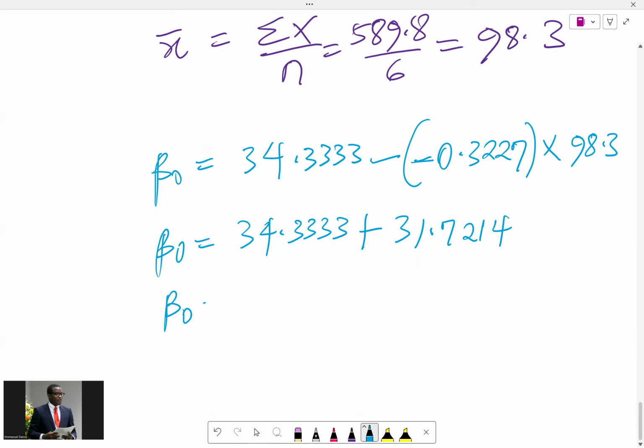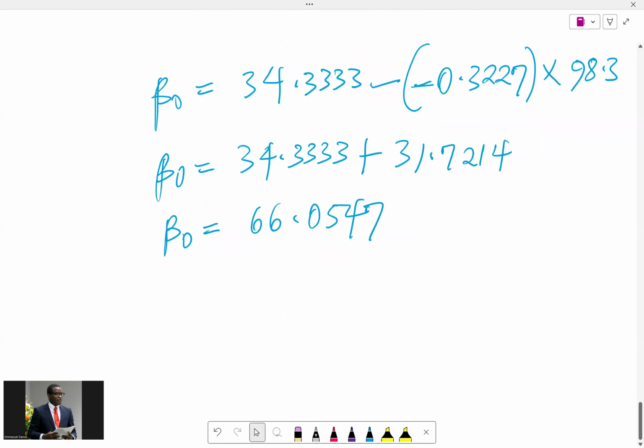So the beta naught now is 34.3333 plus 31.7214, and that is equal to 66.0547.